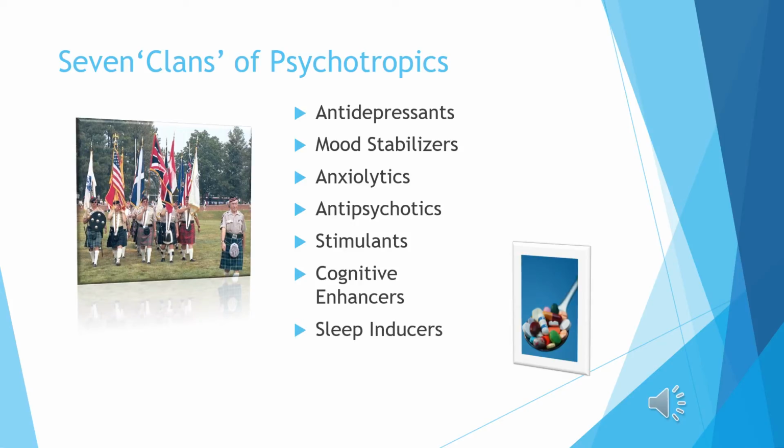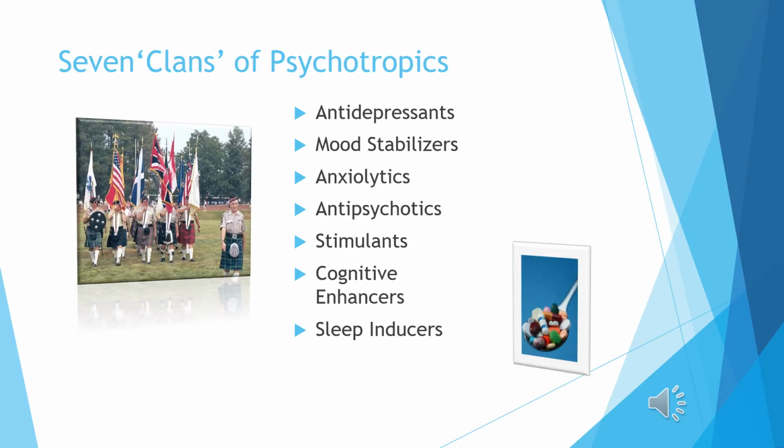When trying to organize in my mind the vast amounts of information around psychotropics, I find it helpful to think in terms of clans and families. So we have 7 major clans, so to speak, of psychotropics, and they are listed here. I've put them in the order that you'll find them in your Preston and Johnson book.